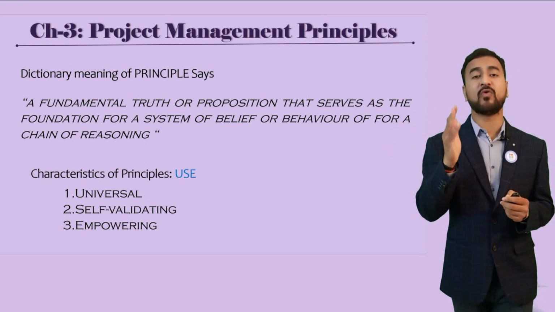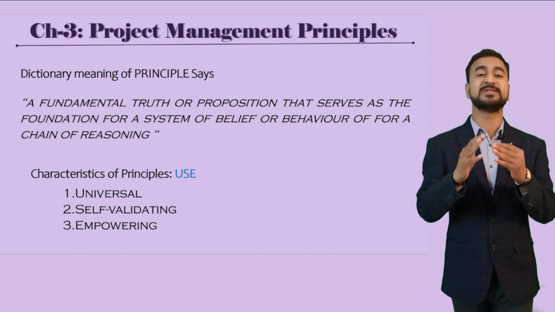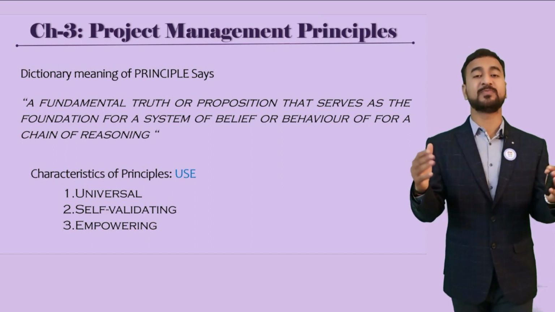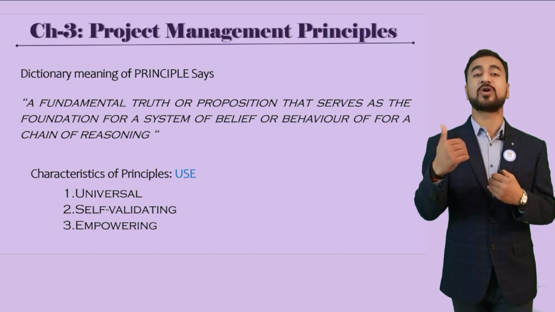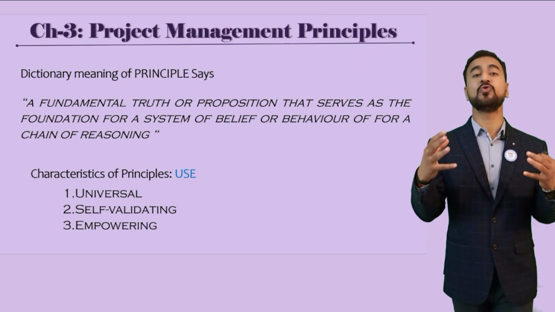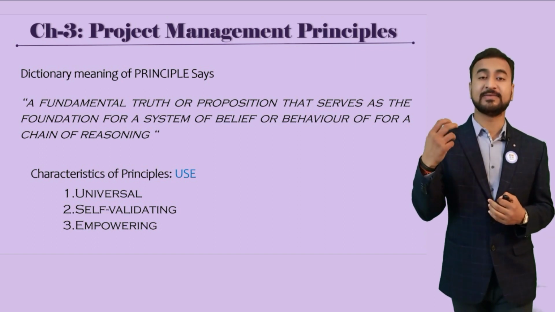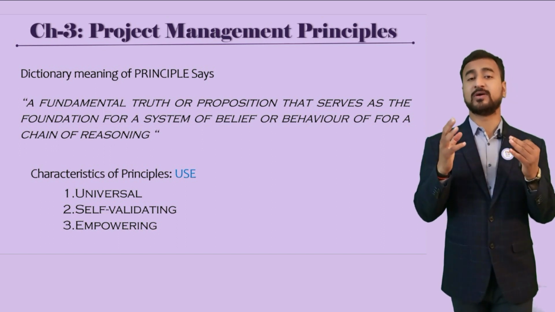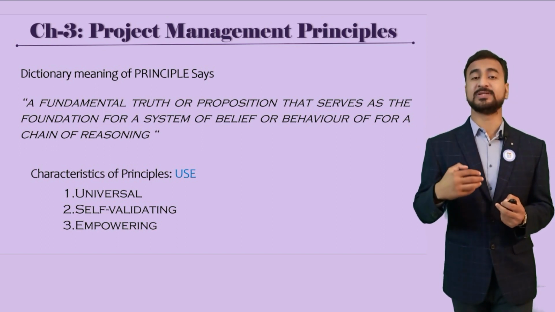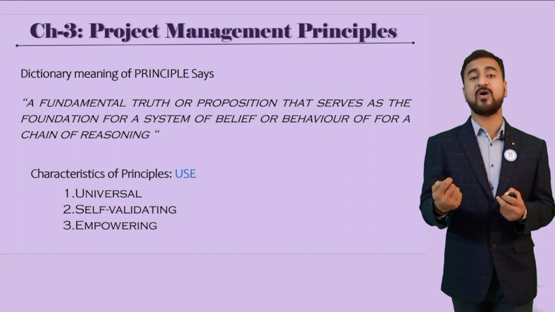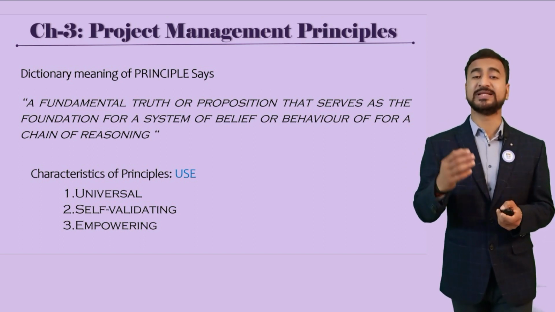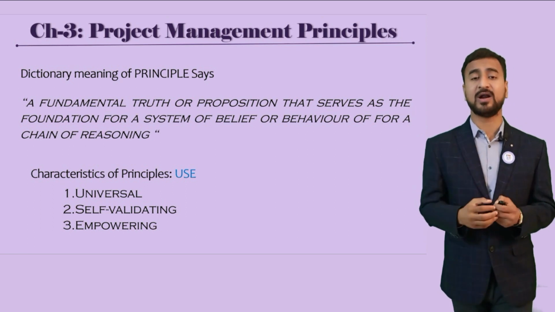Irrespective of the industry, your principles remain intact. S is self-validating. Self-validating means there should not be a cross or conflict between the principles. And E is empowering. The person or organization following those principles is empowered to execute the project in a good manner. So these are the three characteristics of principles.